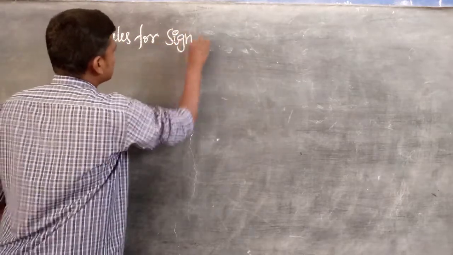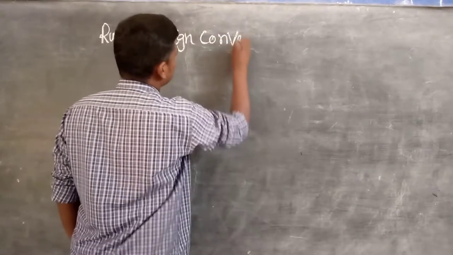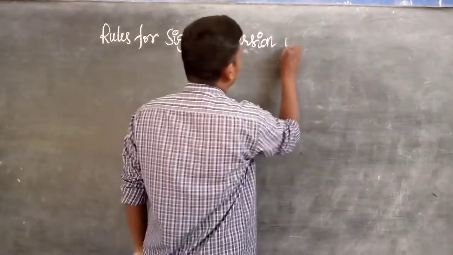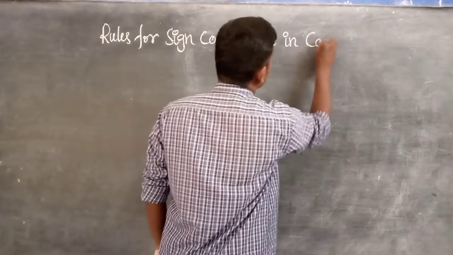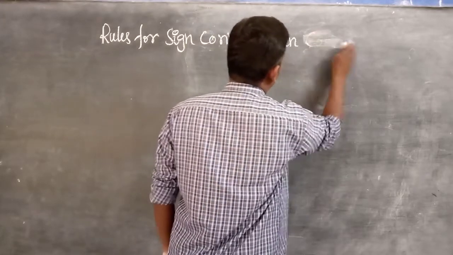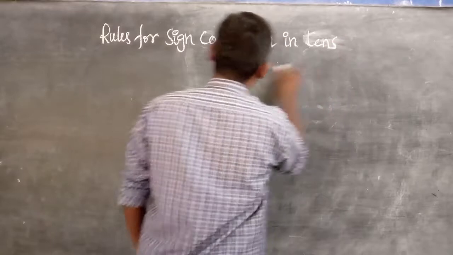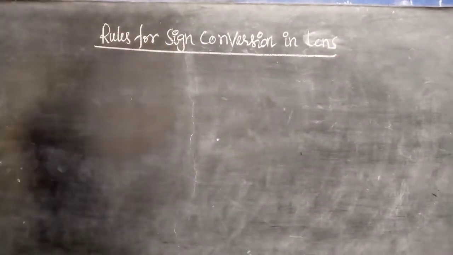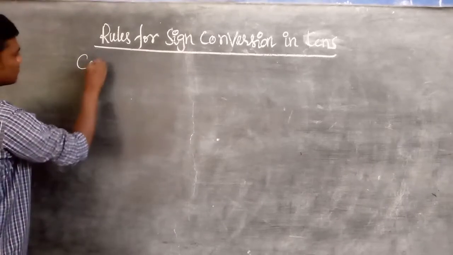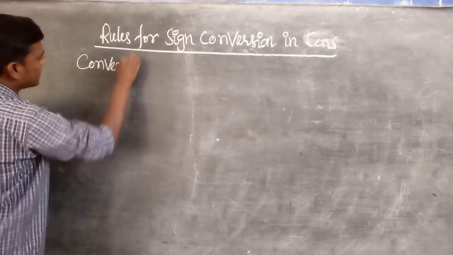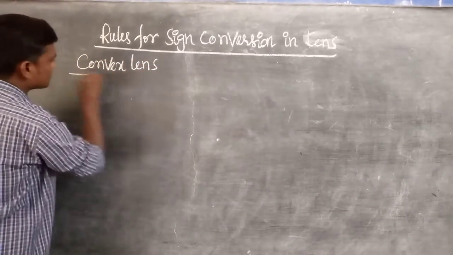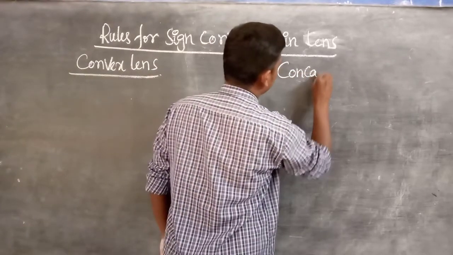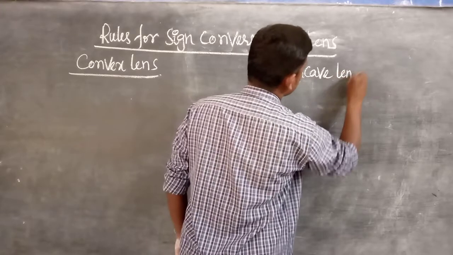Rules for sign convention in lenses. One side is the convex lens, and the other side is the concave lens.